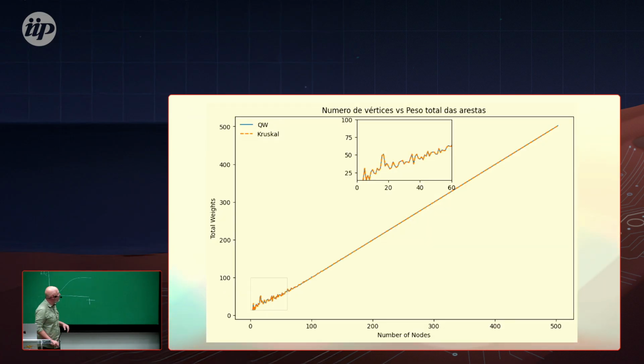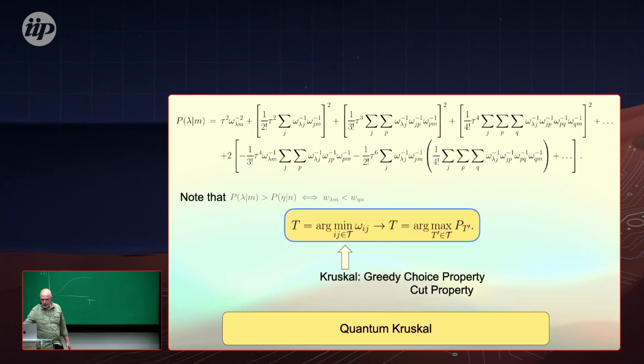So if you compare this, for example, with the Kruskal, this is the Kruskal I showed to you before. This is the comparison of how the quantum walk goes compared with the Kruskal. So the quantum walk actually copies almost everything that the Kruskal does, so it's not better, but I'm not expecting it to be better because this is a P problem right now. The problem comes when we assume that we have restrictions, and I will show you what will happen.